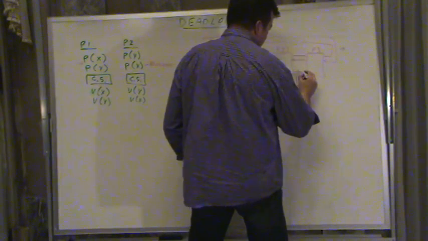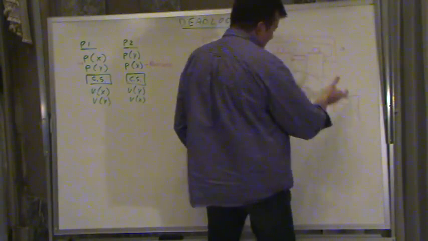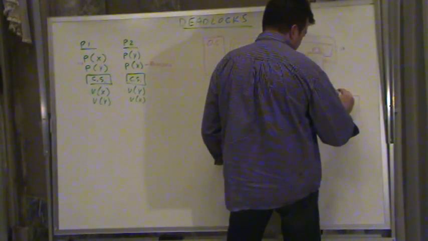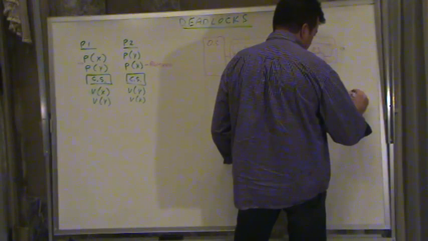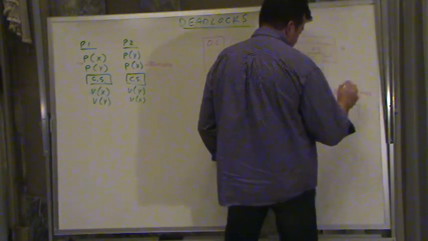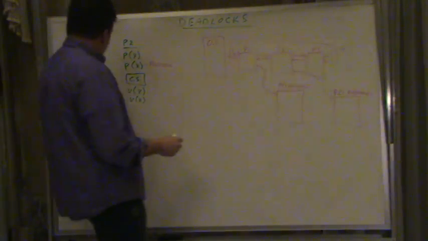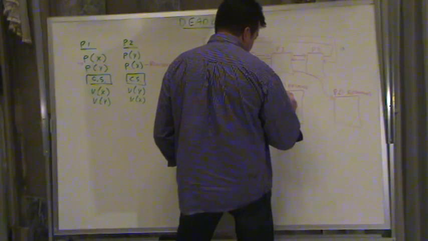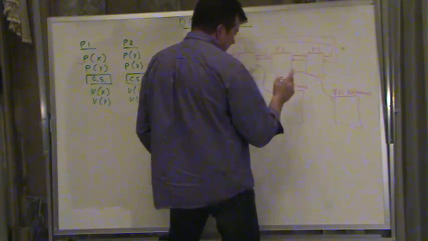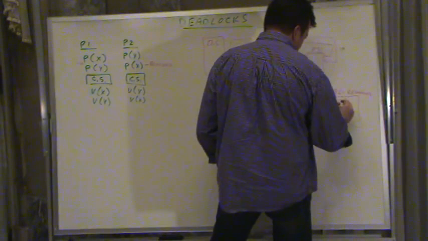And then maybe P2 has a resource table too, which dynamically changes in size. So this will be P2's resource table. So we might record that process 1 has acquired resource X, and at this point process 2 has acquired resource Y.